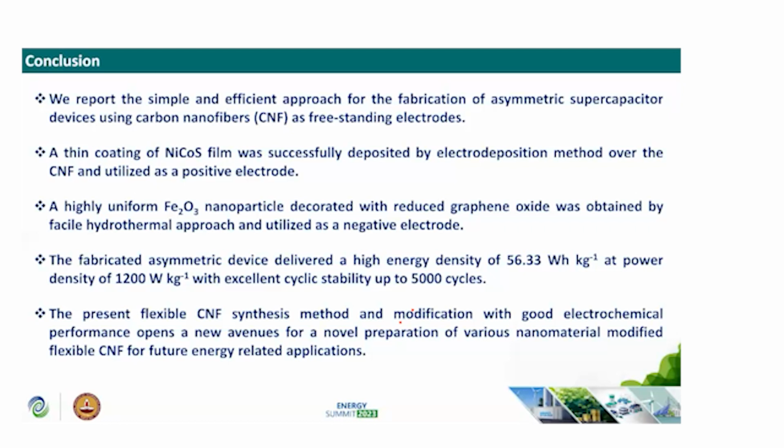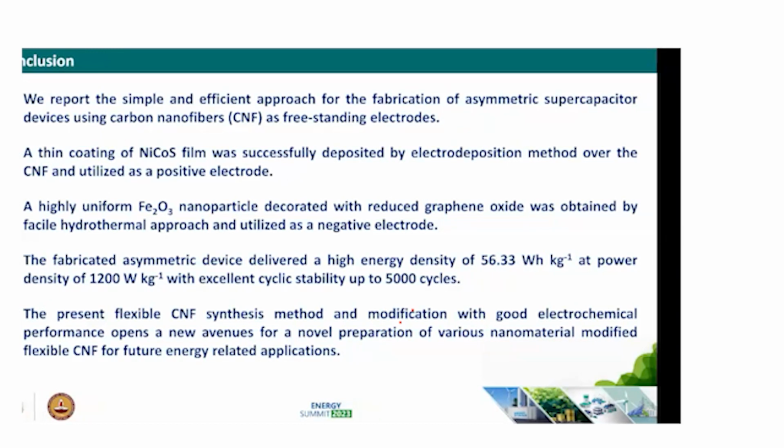The fabricated asymmetric device delivered a high energy density of 56.3 watt hour per kilogram at a power density of 1200 watt per kilogram with excellent cyclic stability up to 5,000 cycles. The present flexible carbon nanofiber synthesis method and modification with good electrochemical performance opens a new avenue for the preparation of various nanomaterial modified flexible carbon nanofibers for future energy related applications.